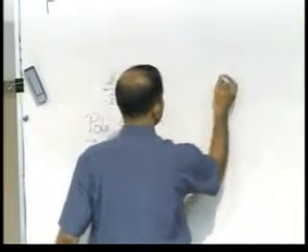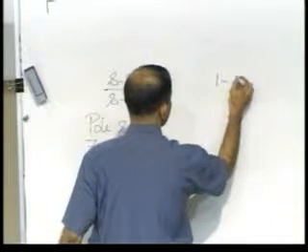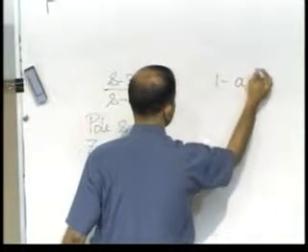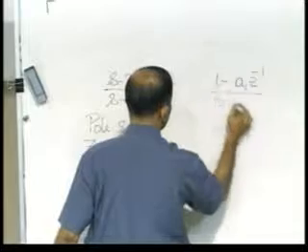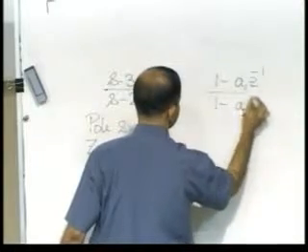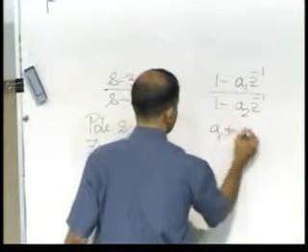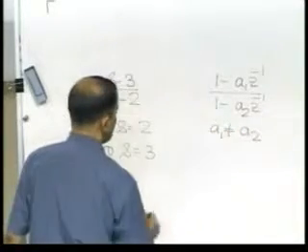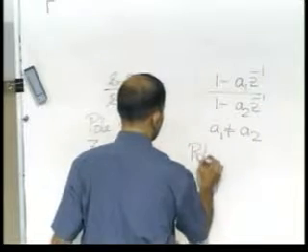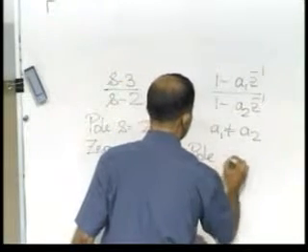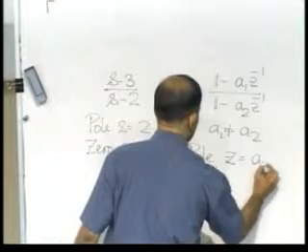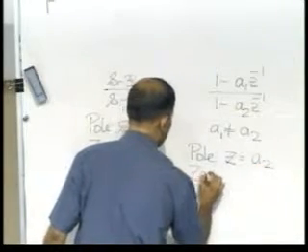And similarly, if we have 1 minus a1 z inverse divided by 1 minus a2 z inverse, a1 not equal to a2, then we have a pole at z equal to a2 and a 0 at z equal to a1.